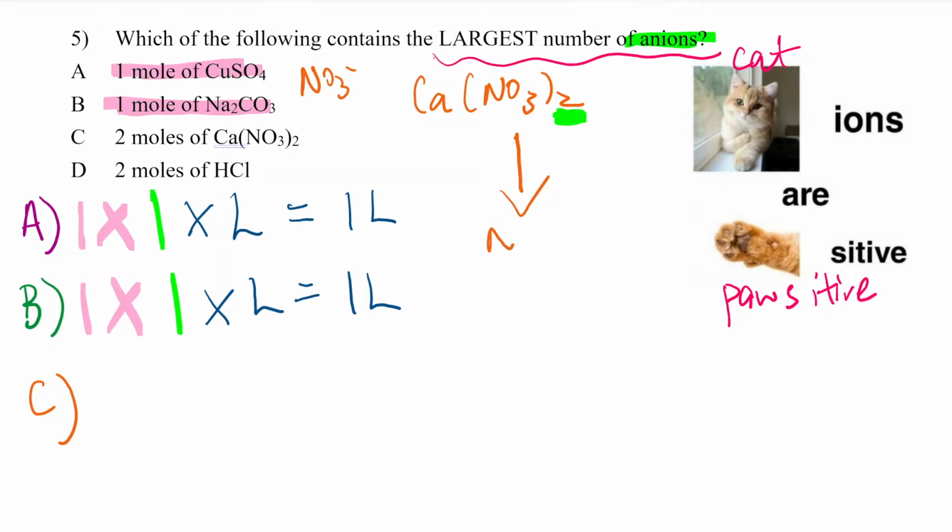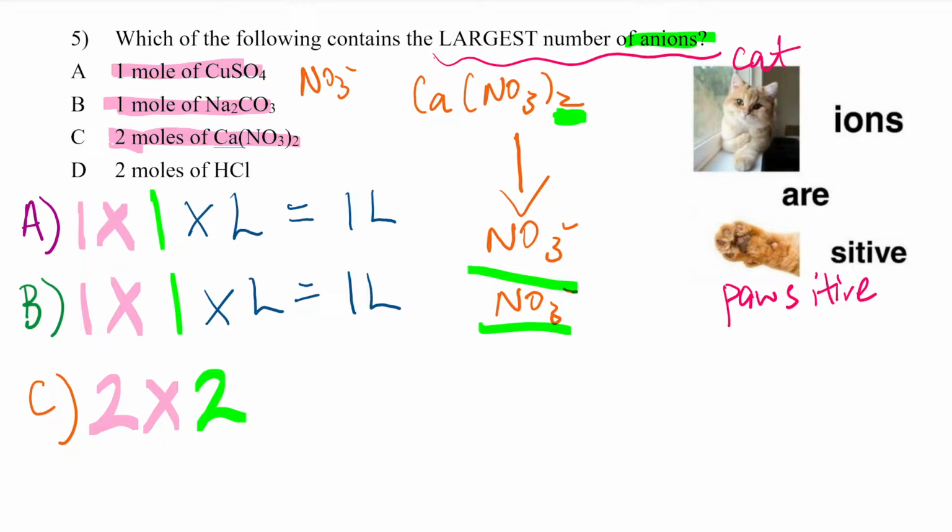That means there are 2 nitrate ions. 1, 2. Now let's find the number of anions. This time there are 2 moles for the entire compound. So 2 times the number of anions, I have 2 of them, and times L. So this one is actually 4L.